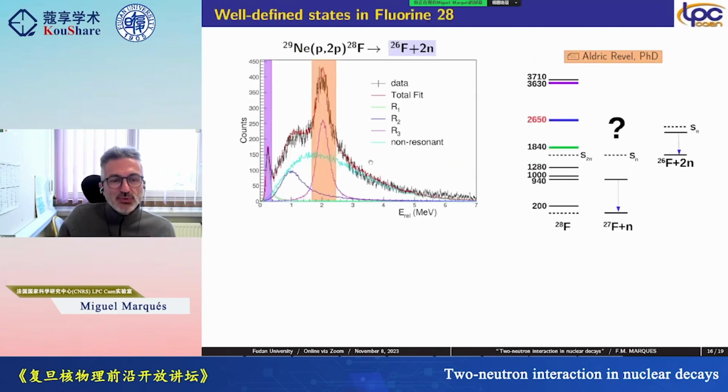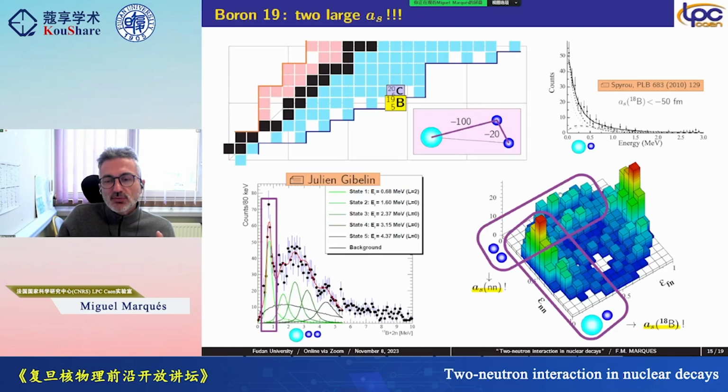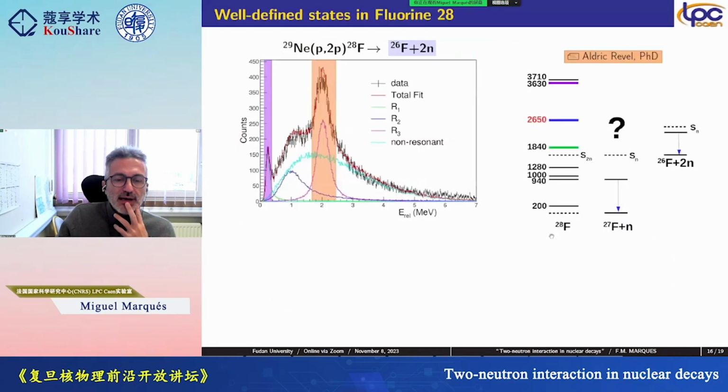So I showed you Dalitz plots with strong neutron-neutron signals. Then this one where you have also strong fragment-neutron signal. And here at RIKEN, in this reaction, we remove one proton from neon-29 to populate fluorine-28.